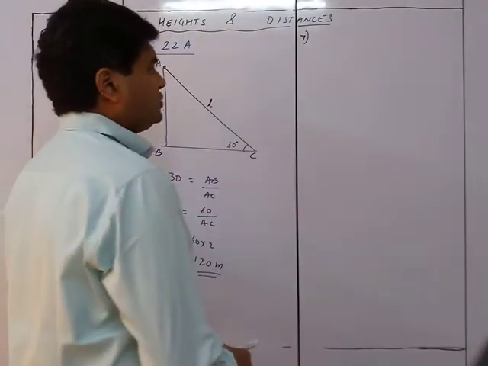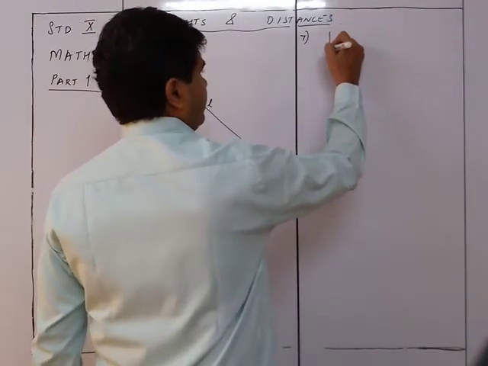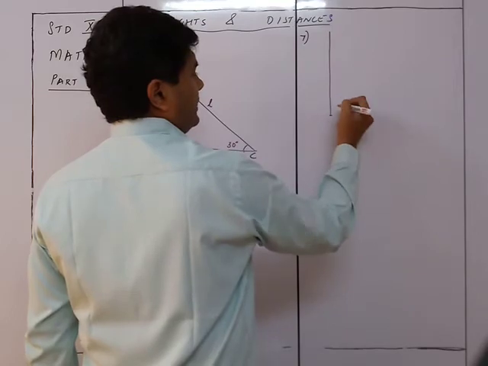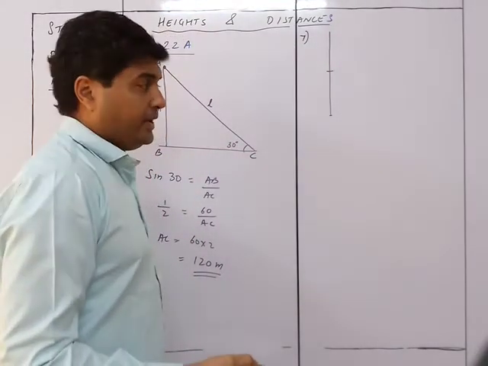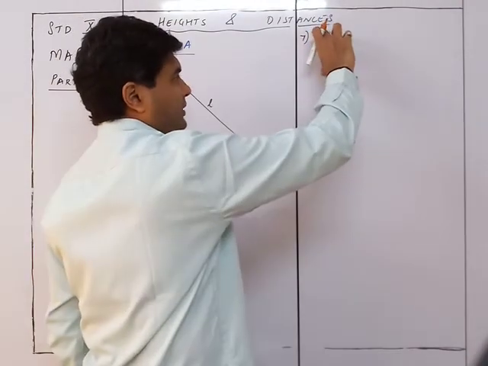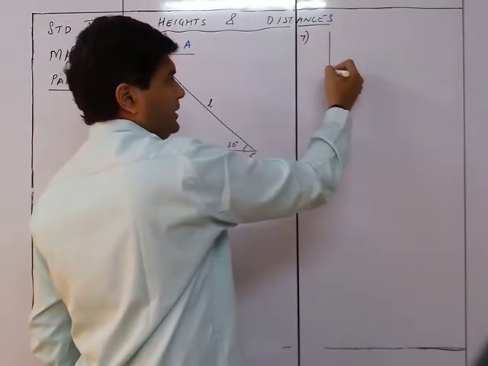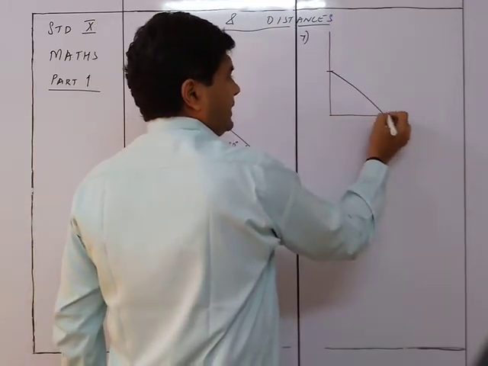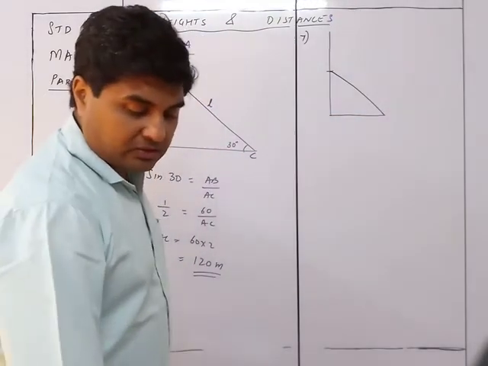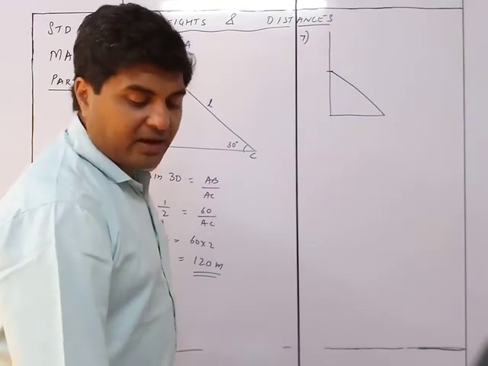So suppose this is a tree, and it broke from somewhere in between, and then this part fell down like this, such that it is making an angle of 45 degrees.